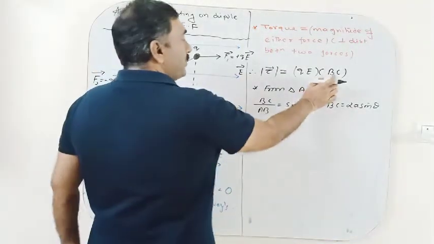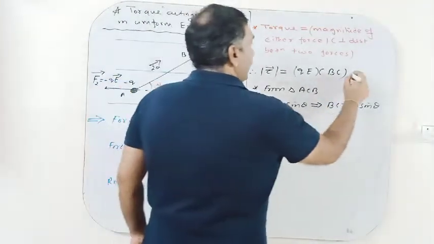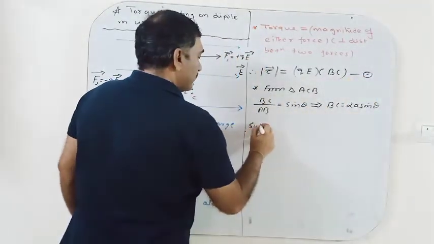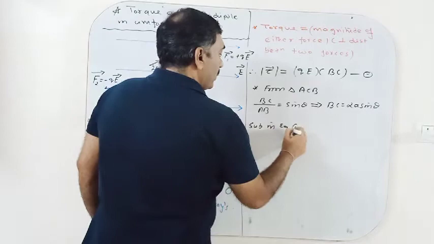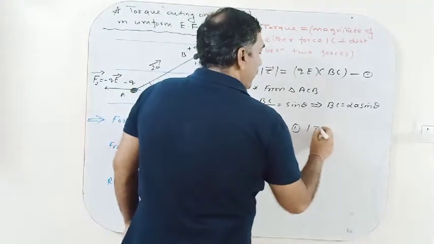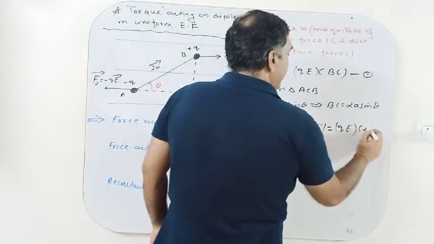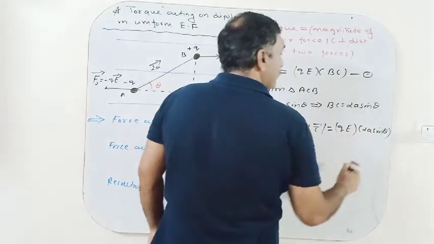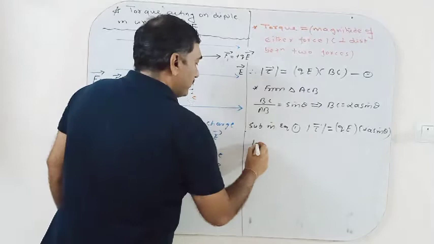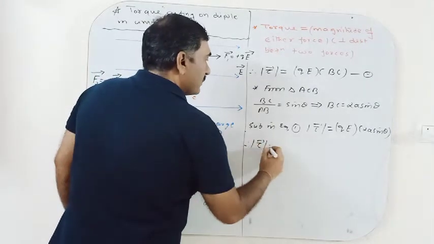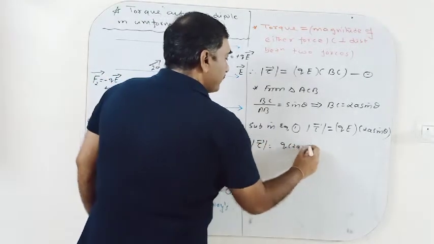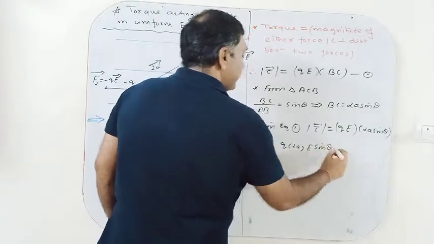Now substituting in equation number 1, mod of tau is equal to Q into E into 2a sin theta. With a small simplification, mod of tau is equal to Q into 2a E sin theta.